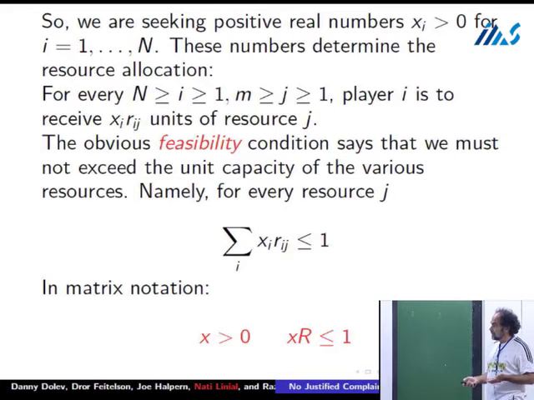And if you're used to linear programming and this kind of thing, and I think many of you are, then what we're looking for looks quite familiar, but wait, this is not a linear programming problem. You'll see soon. What we're looking for is a positive vector x such that x times R is less than or equal to 1. Big R is the matrix whose ij entry is r_ij, how much player i is requesting from resource j.